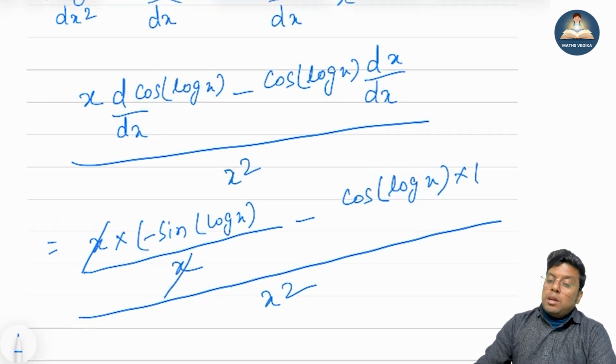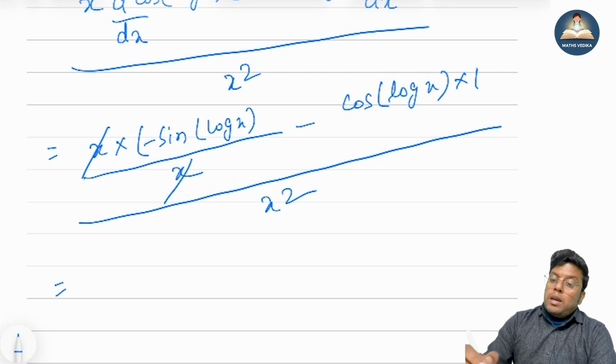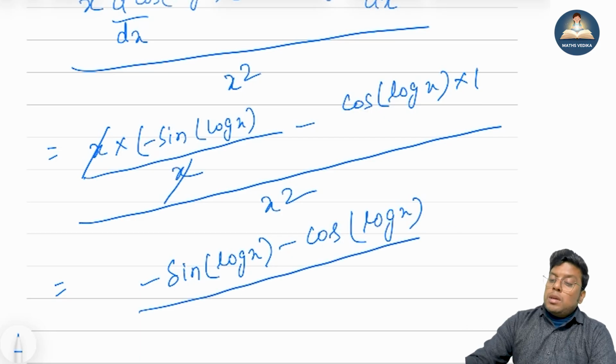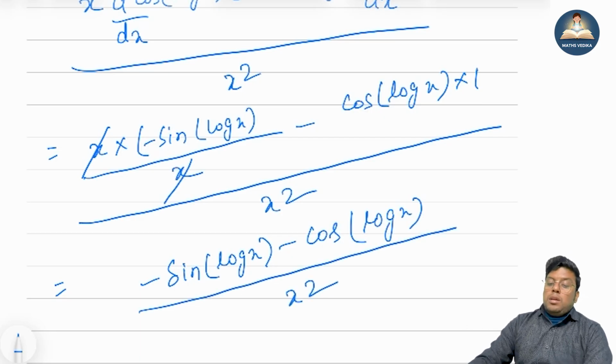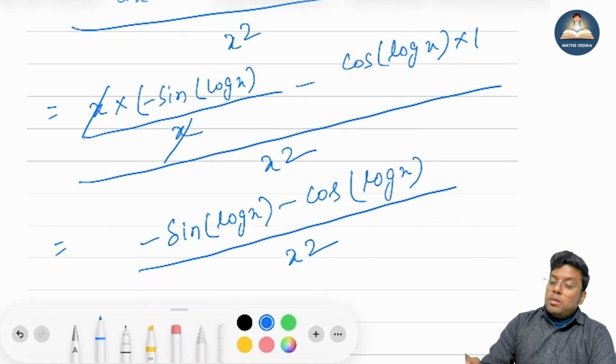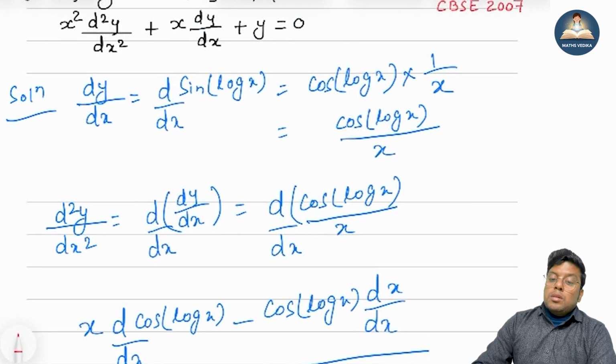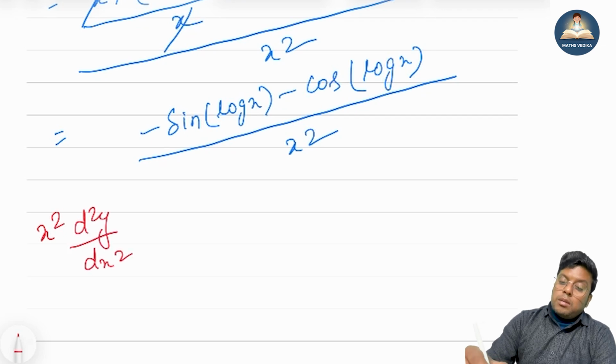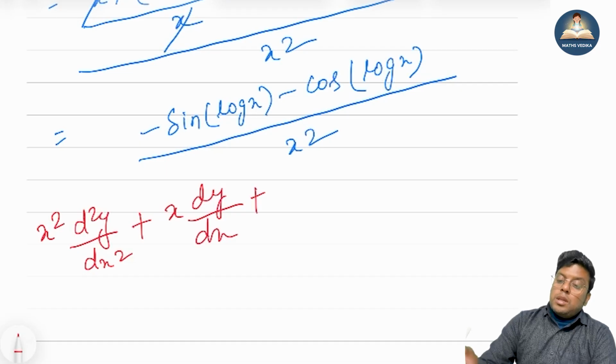Let's cancel out x, so we'll have minus sine log x minus cos log x divided by x square.